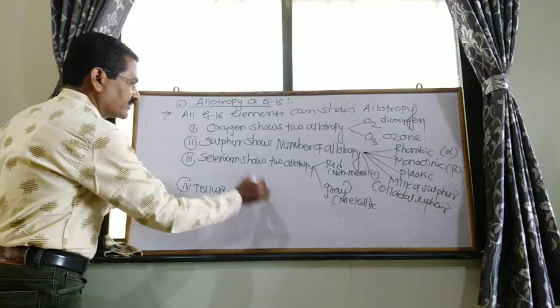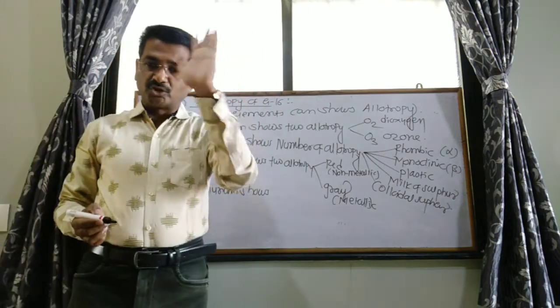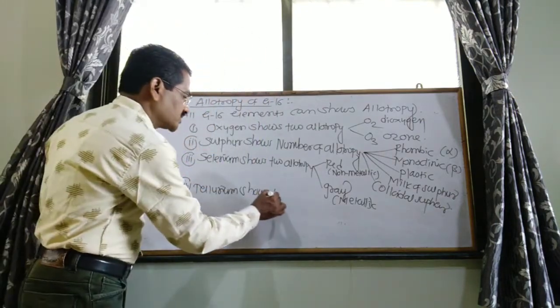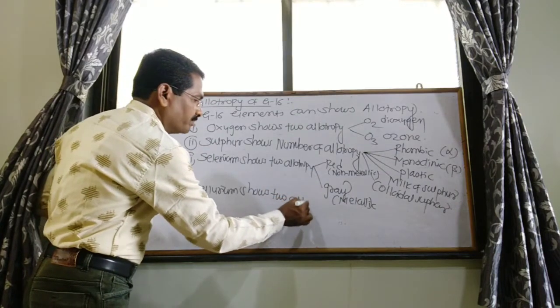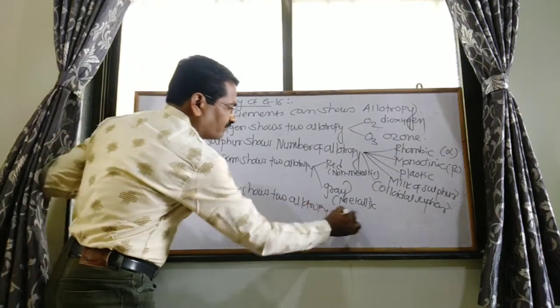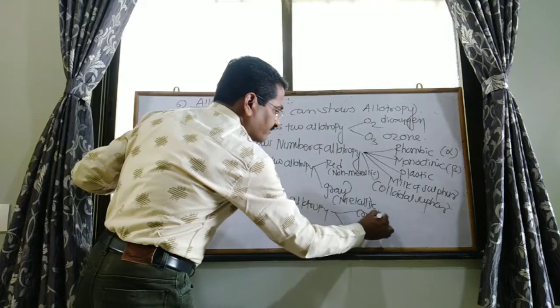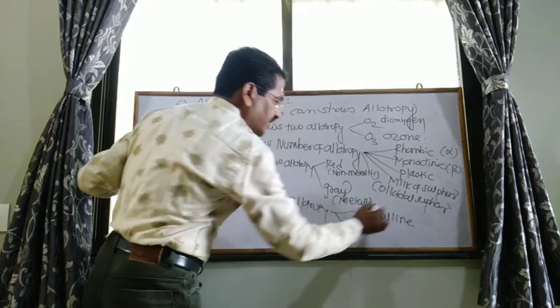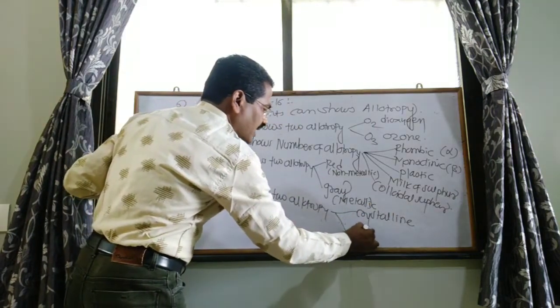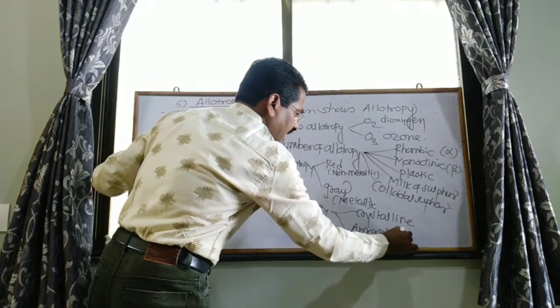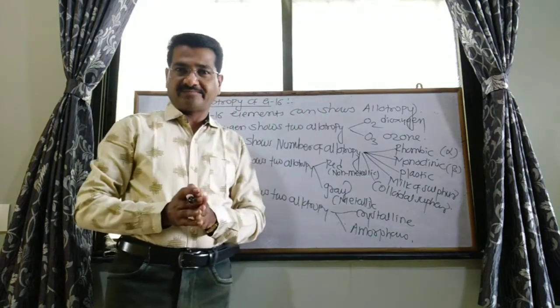Then after that, tellurium shows two allotropic forms. First is crystalline tellurium and second one is amorphous tellurium.